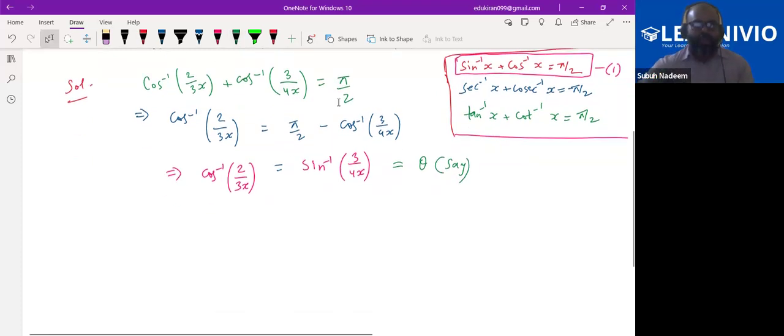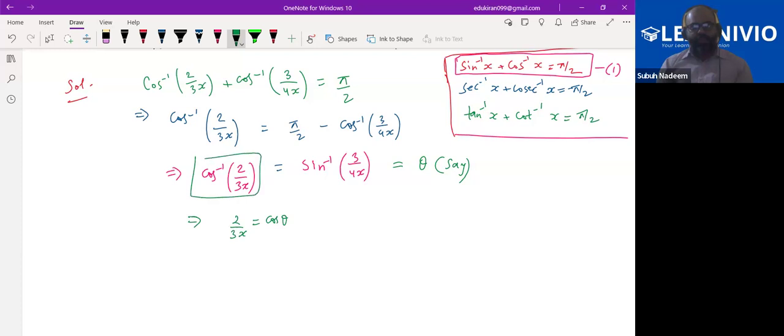So this is theta. Cos inverse 2 by 3x is equal to theta, means 2 by 3x is equal to cos theta.